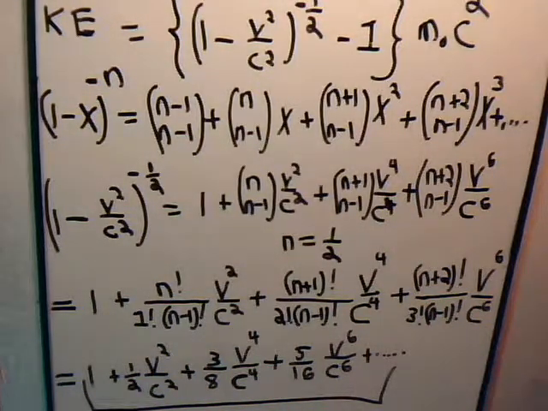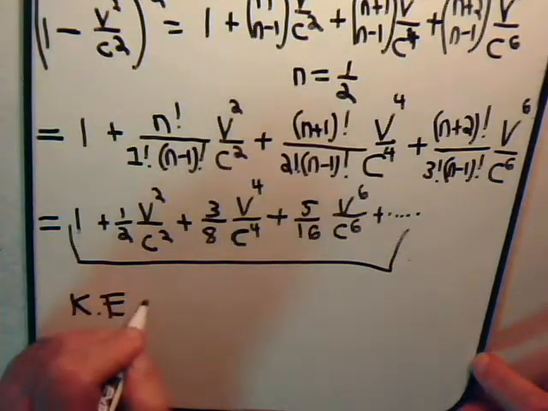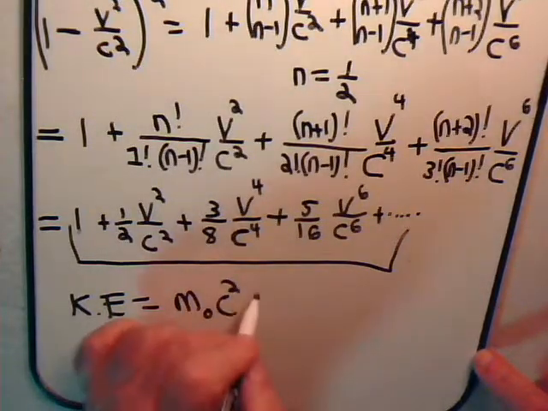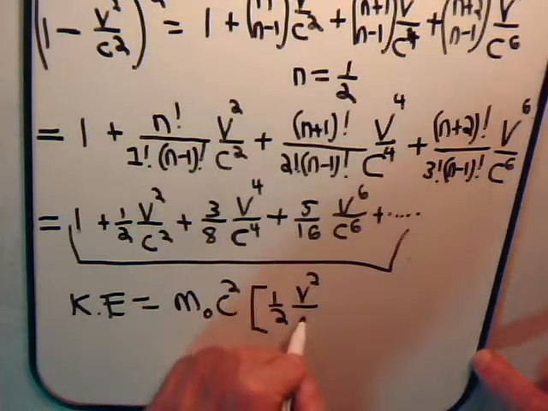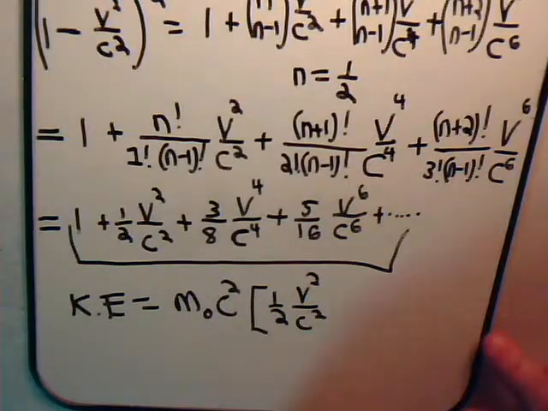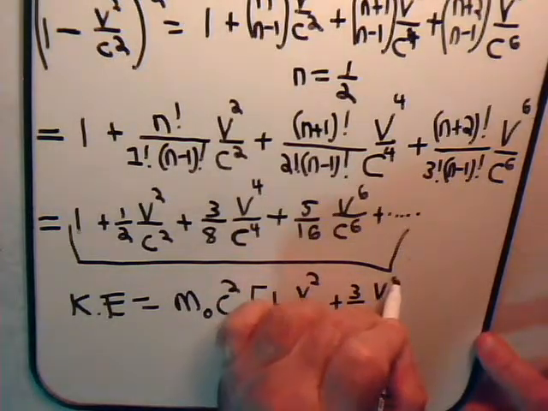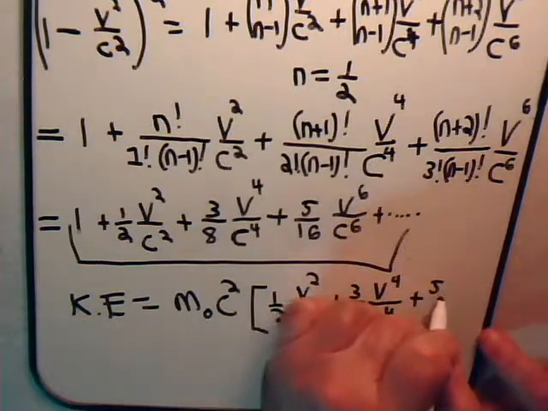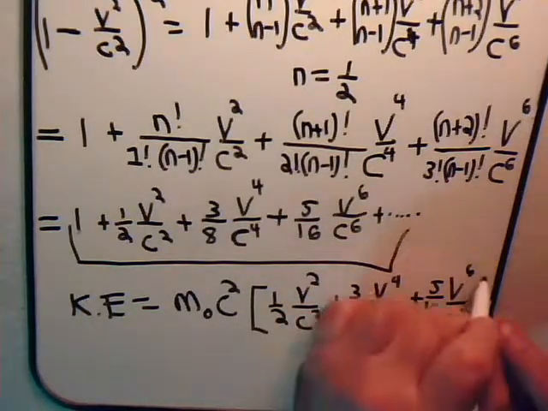What we will have then for our final expression is that the relativistic kinetic energy is equal to the resting mass times the speed of light squared times 1/2 v squared over c squared plus 3/8 v to the 4th divided by c to the 4th plus 5/16 v to the 6th divided by c to the 6th.